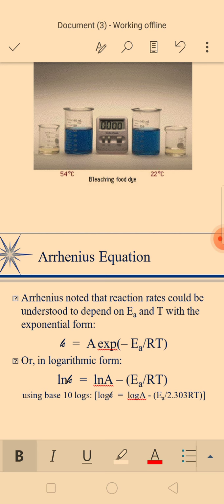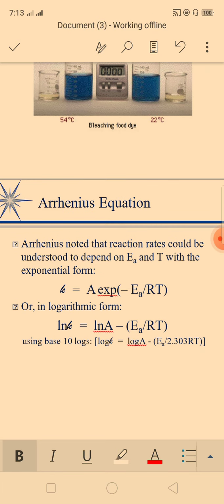If we take the log on both sides of the equation, first we take the natural log: the natural log of the rate constant is equal to the natural log of the collision factor minus energy of activation divided by RT.